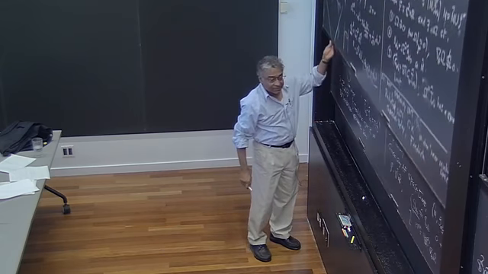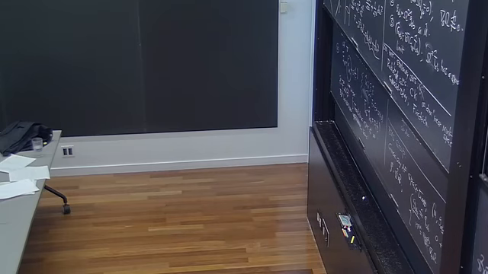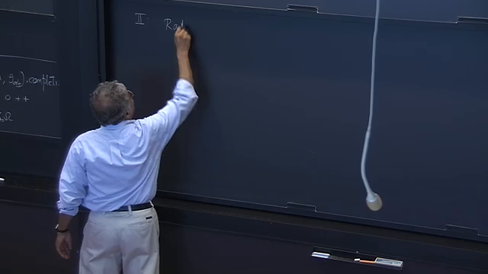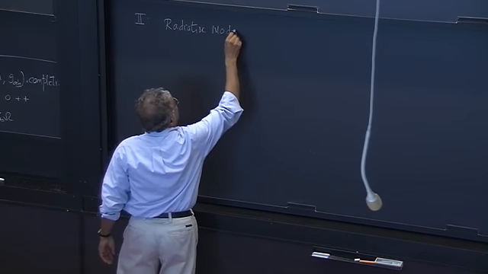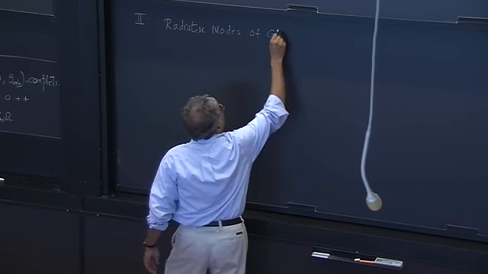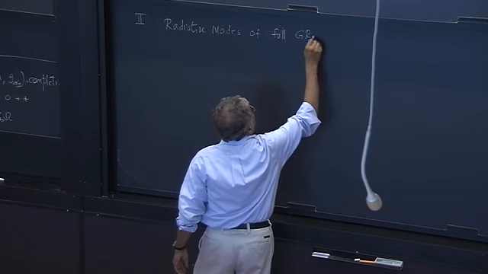Now I want to talk about the second part, which has to do with the conservation laws. Now what we would like to do is to talk about what are radiative modes of the gravitational fields of full nonlinear GR.